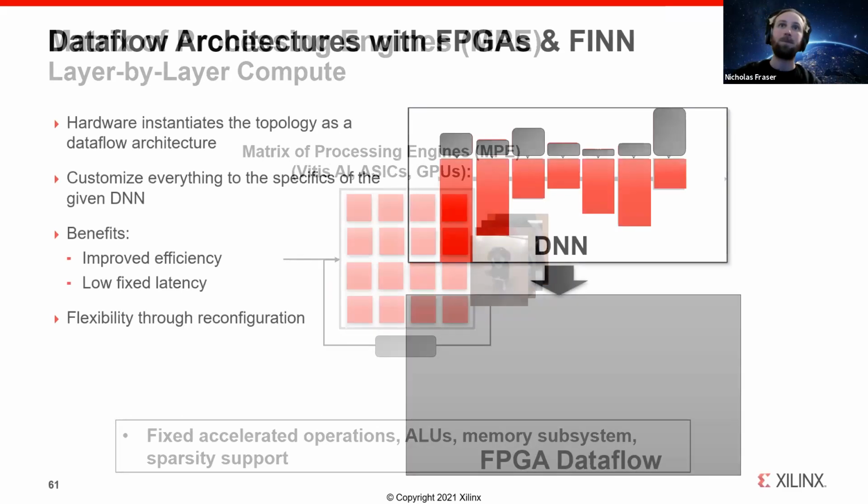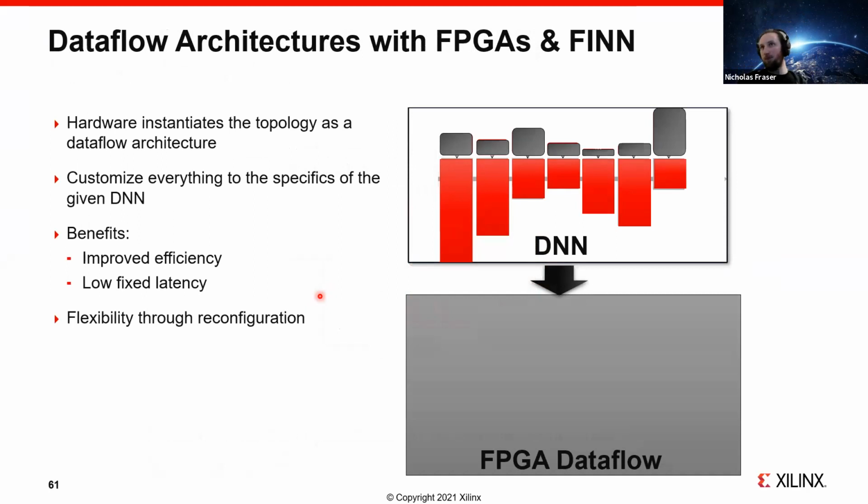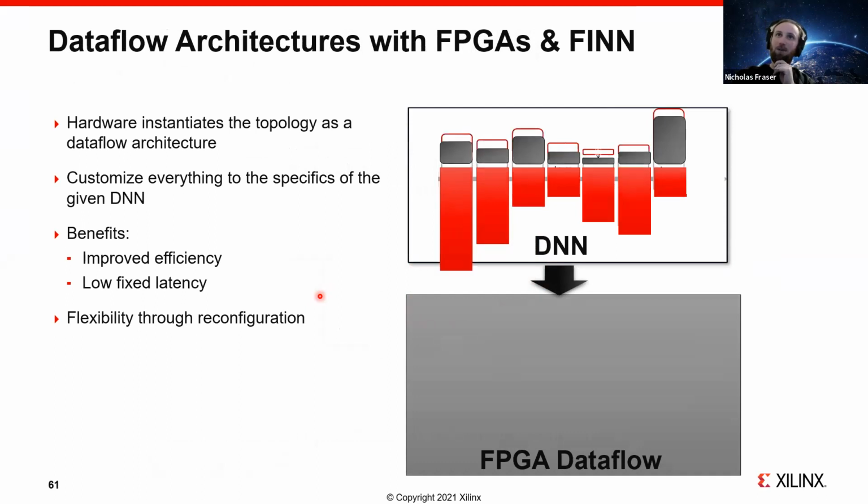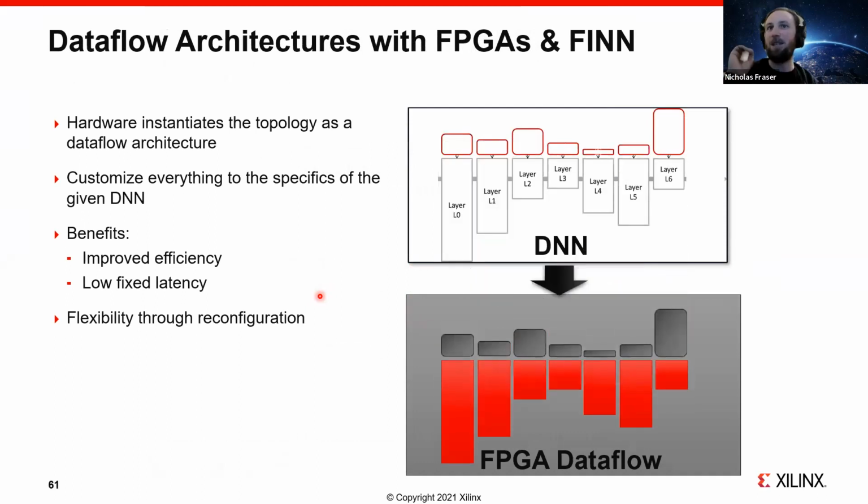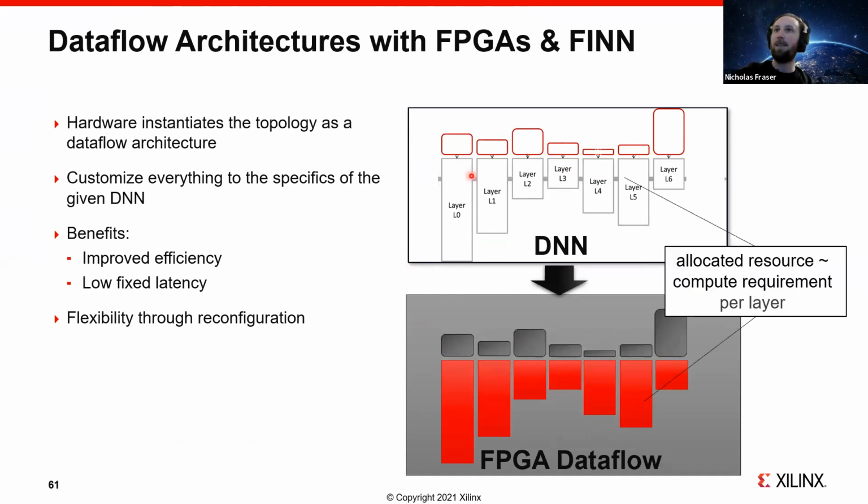An alternative, and this is what we do in FINN, is we implement a dataflow architecture where we actually mimic all of the layers in the neural network as a circuit in the FPGA itself. So each layer in the neural network gets its own accelerator within the FPGA. And then we allocate resources based on the amount of compute required by that layer.